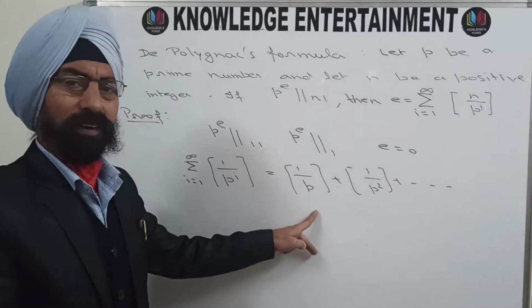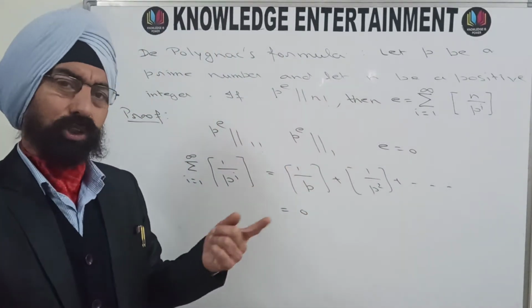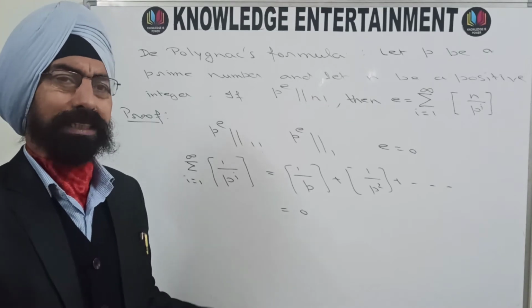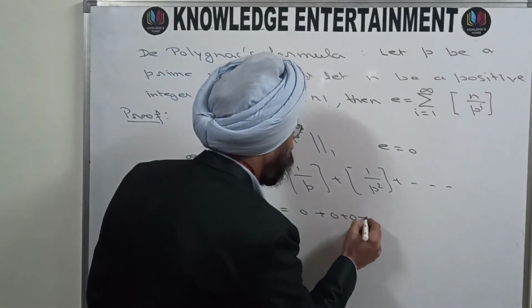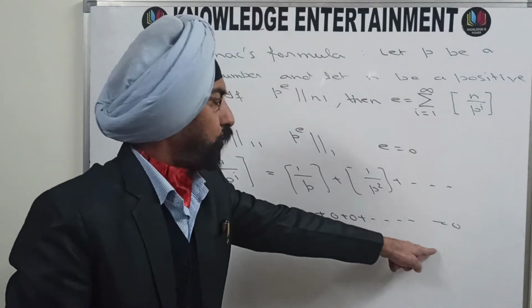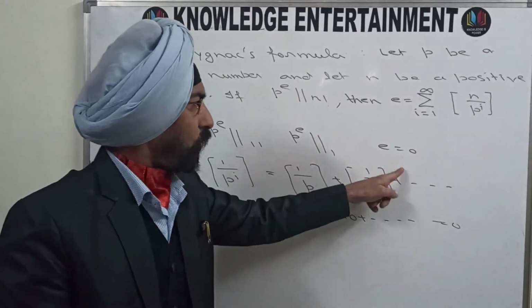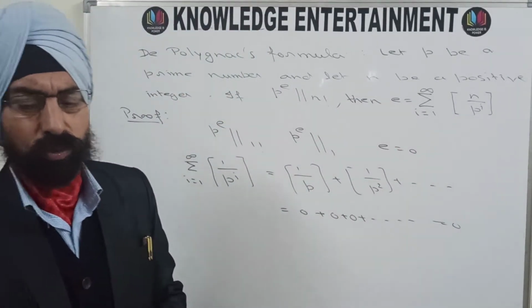Right from the first term, you will get 0, because 1 upon a prime number is 0 point something. 0 point something means its integral part is 0, and then after this, each term will become 0. So your right hand side is also 0. Left hand side e is 0, right hand side is also 0. That means the result is true for n equal to 1.